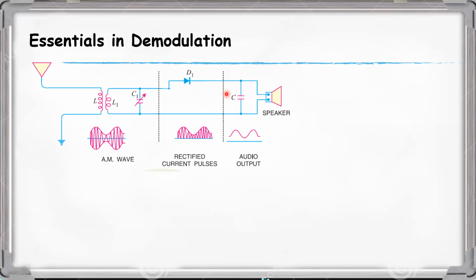Then the main components in a demodulating circuit are a station selector, a rectifier and a filter.